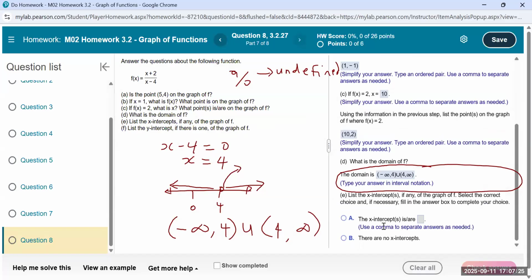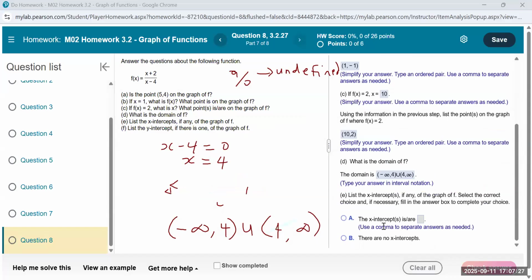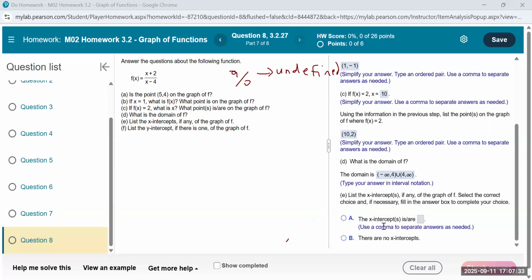So let's set the function f of x equal to 0 and then find our x value. That's how you find the x-intercept.